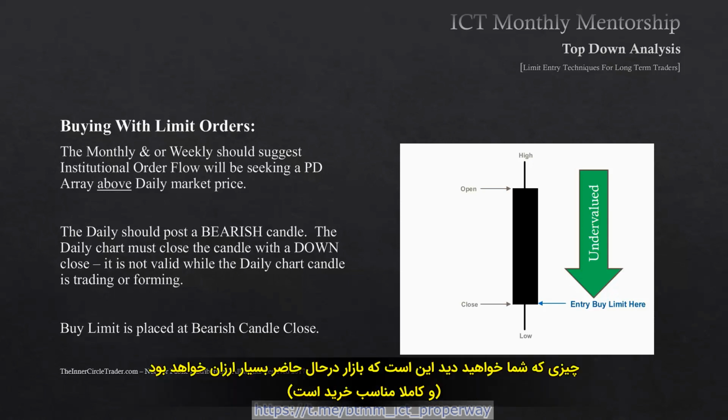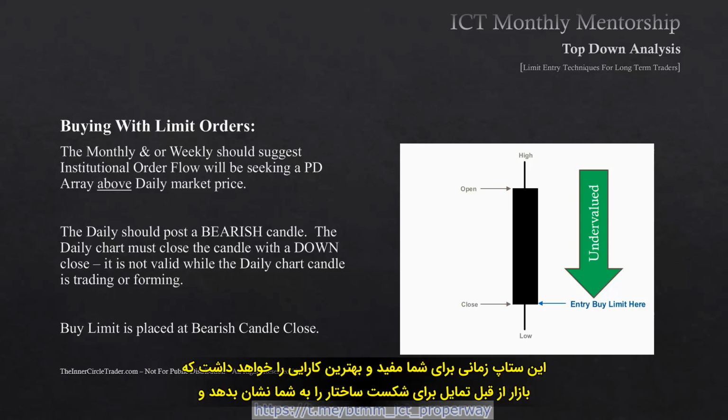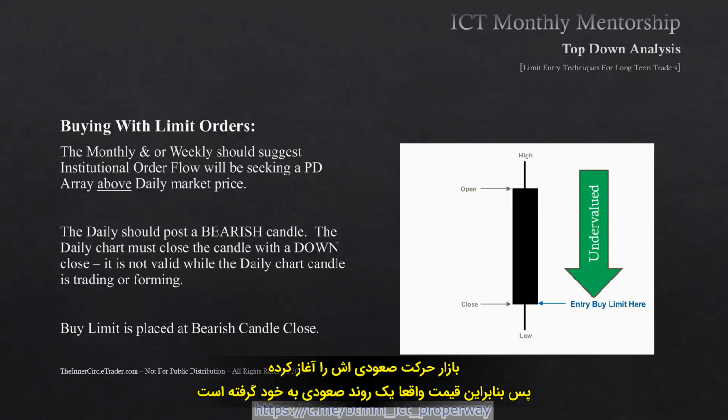What you're going to be seeing is the market's already undervalued in an already primarily bullish market condition. Preferably, this is going to be useful to you when the market's already shown a willingness to have a market structure break. It's already started to move higher. So therefore, prices are really underway.